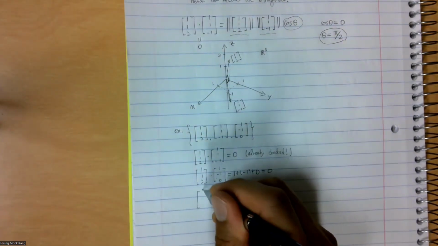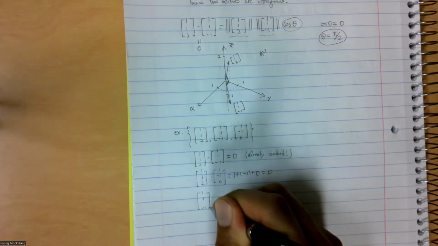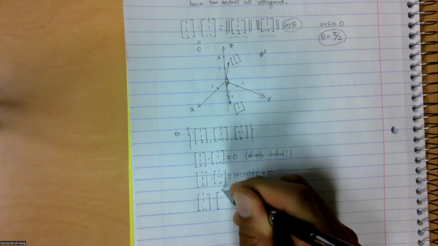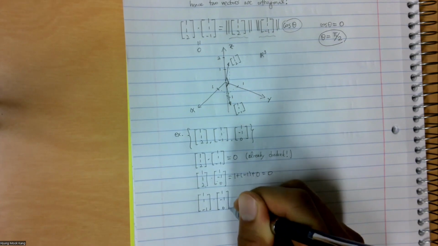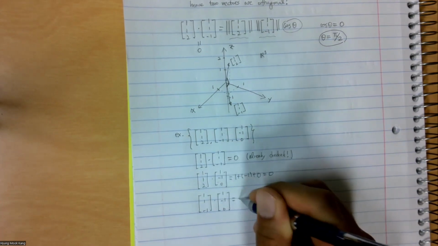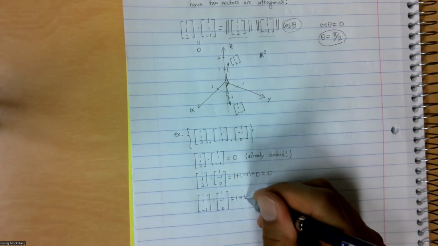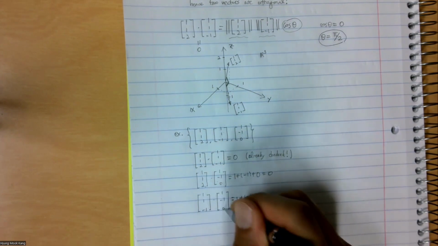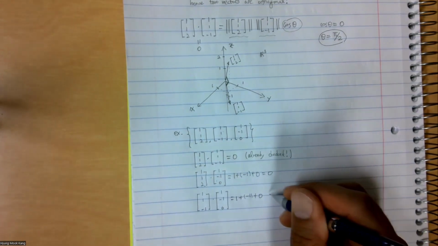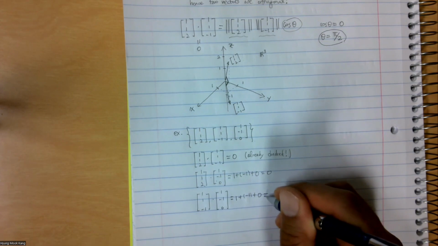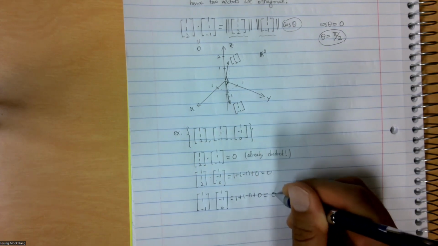So checking these two vectors, (1, 1, -1) inner product (1, -1, 0). So this is 1 times 1 is 1, 1 times -1 is -1, and -1 times 0 is just multiplied by 0, so 0. So 1 minus 1, 0, so it's 0.